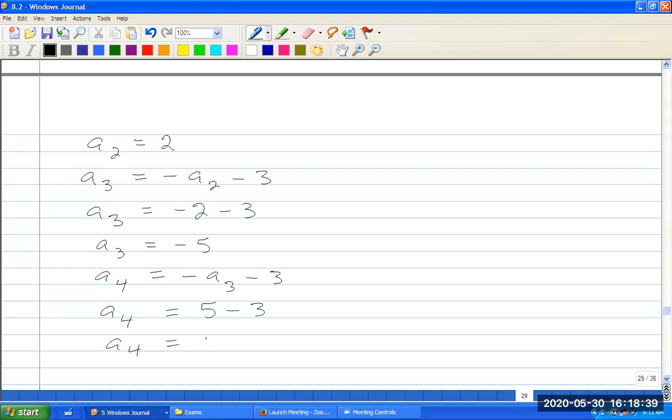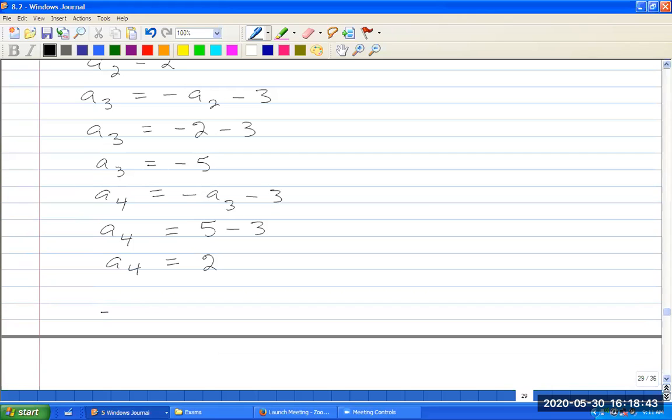So I see the following pattern. We have negative 5, 2, negative 5, 2, etc. And those are the first 4 terms of this sequence.